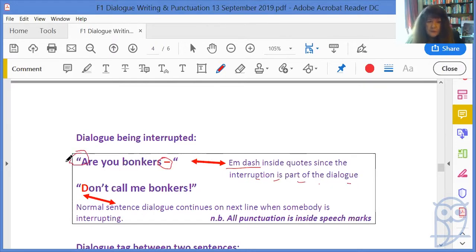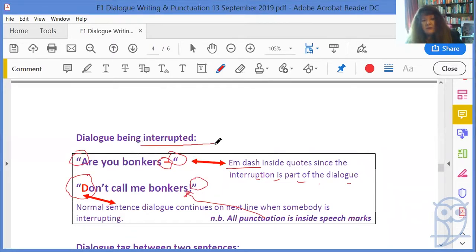So you open your inverted commas, close them, and then the normal sentence dialogue continues on the next line because somebody else is interrupting. So there you've got to start with a capital letter, obviously. New dialogue, speech marks, "Don't call me bonkers." All punctuation inside the speech marks.